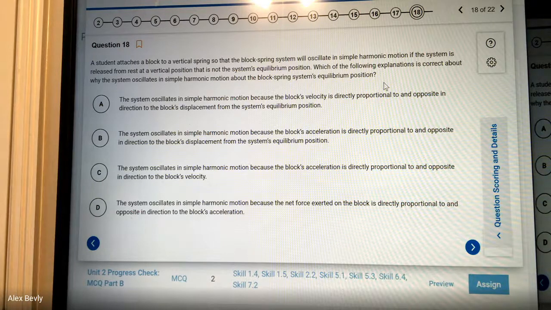So yeah, we know it's not C and D. Okay, C: the system oscillates in simple harmonic motion because the block's acceleration is directly proportional to and opposite in direction to the block's velocity. Let's hold on to that one for a second. D: the system oscillates in simple harmonic motion because the net force exerted on the block is directly proportional to and opposite in direction to the block's acceleration.